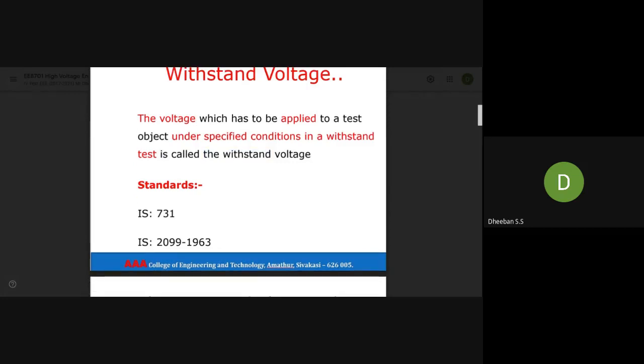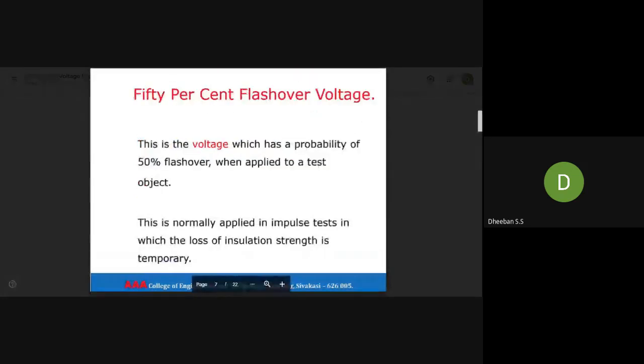So moving on to the flashover. We have seen about the flashover. So this is regarding your 50% flashover. What do you mean by 50% flashover? This voltage has a probability of 50% flashover when applied to a test object.